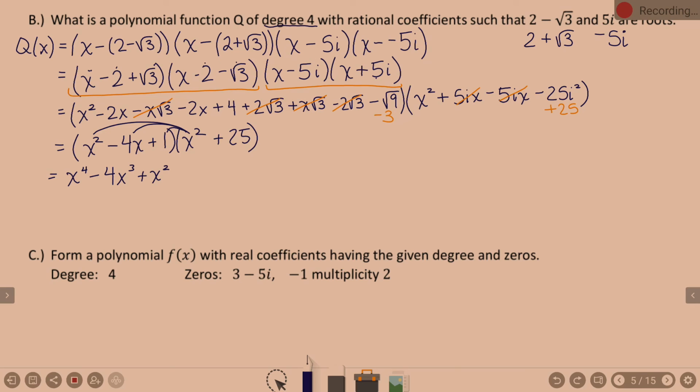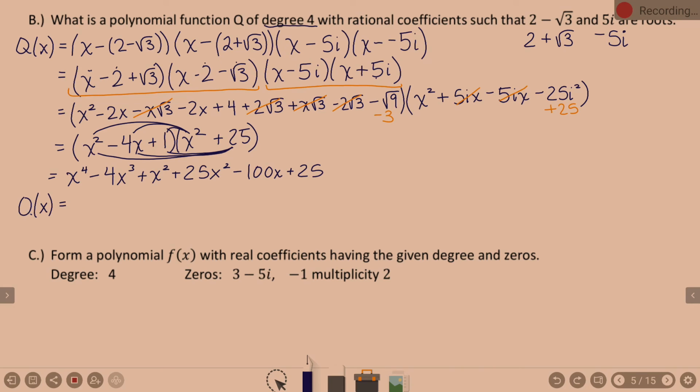And then if I'm following that trend, I'm going to distribute my 25. 25 times x squared is plus 25x squared. 25 times negative 4x is minus 100x. And 1 times 25 is 25.